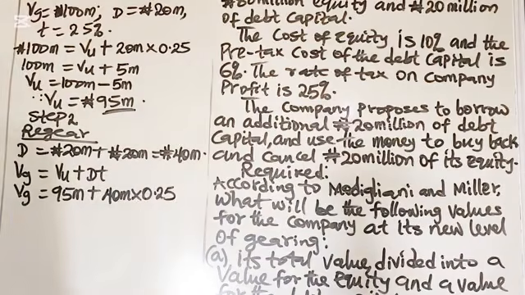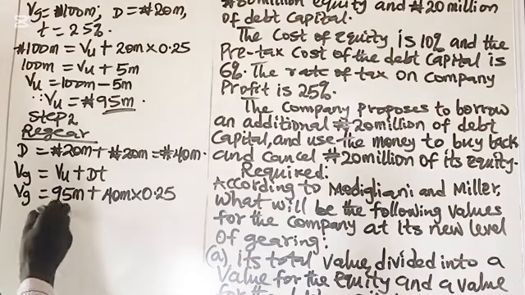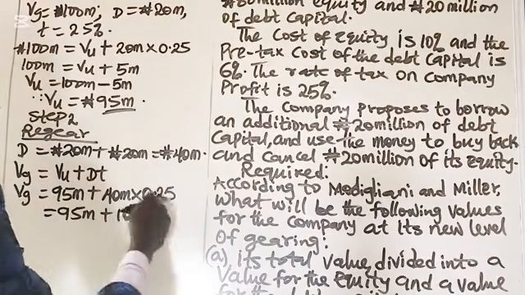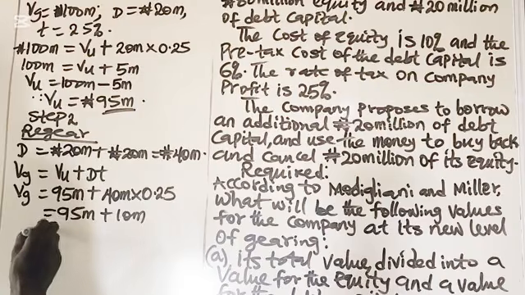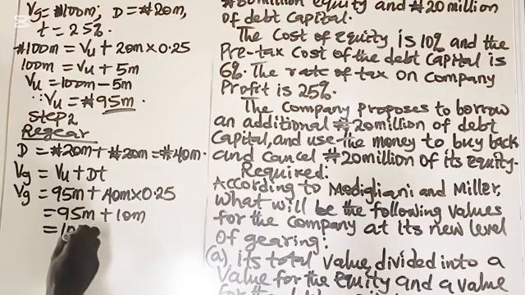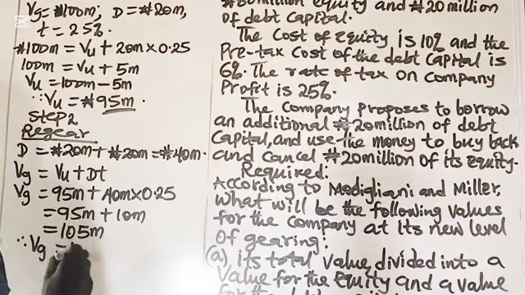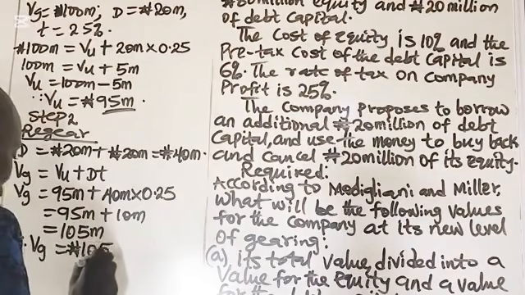So we have 40 times 0.25, which gives 10 million. So we have 95 million plus 10 million, and if you add it together, you have 105 million. Therefore, the value of the geared company equals 105 million naira.